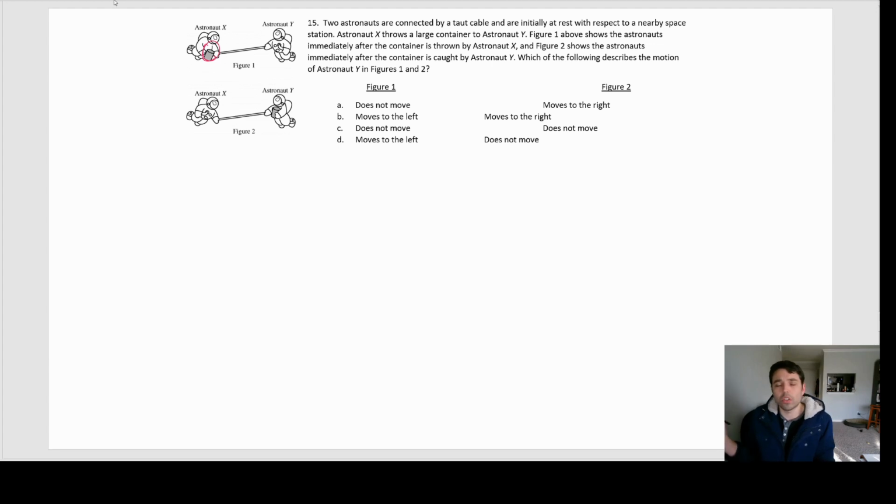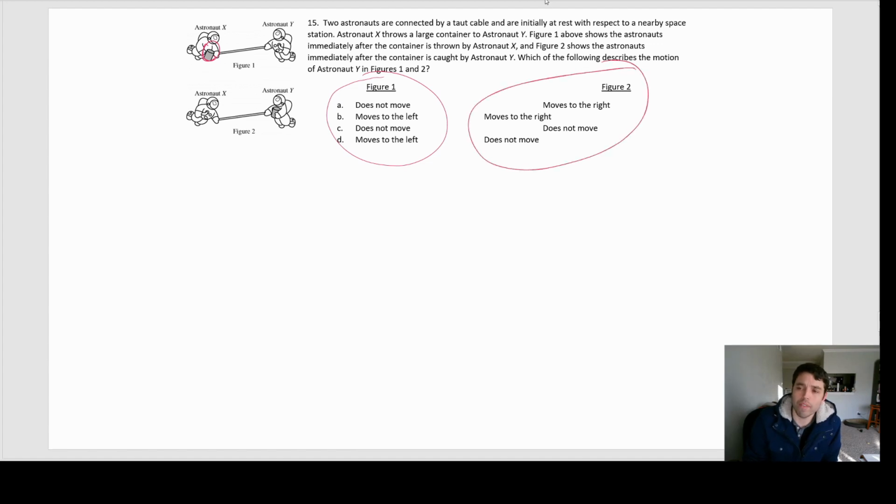So right as he lets go of the container, the moment after the container just left his hand, what happens to the astronauts? Which of the following describes the motion of astronaut Y? So how is astronaut Y moving in figure 1 right after astronaut X throws it, and what's happening to astronaut Y in figure 2 right after astronaut Y catches the can.